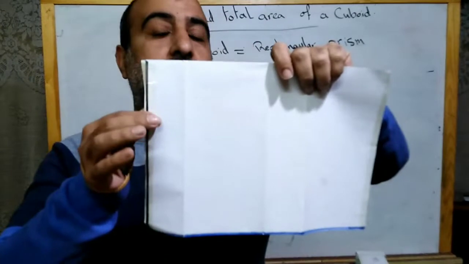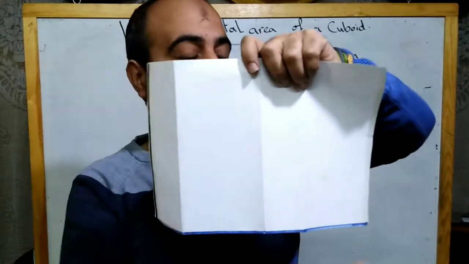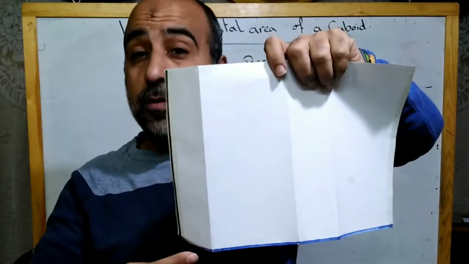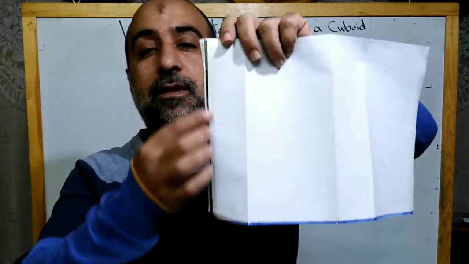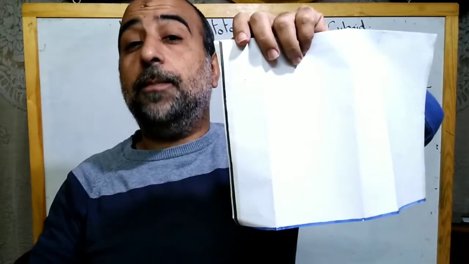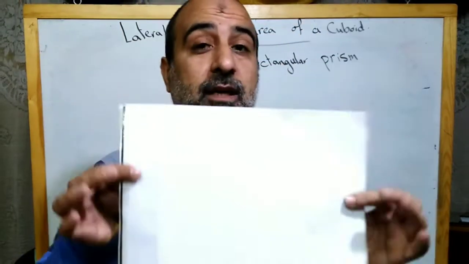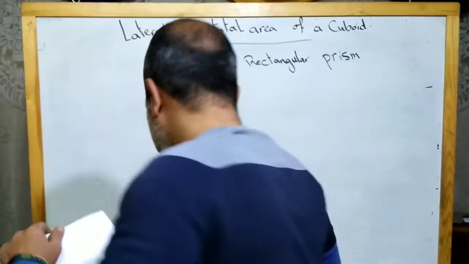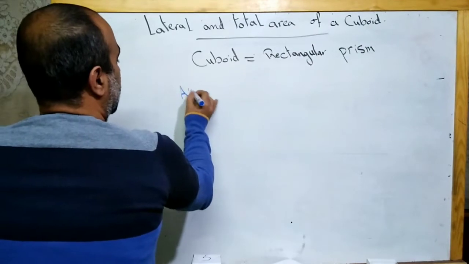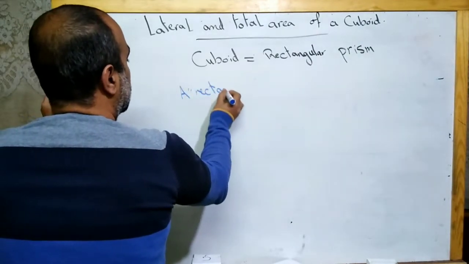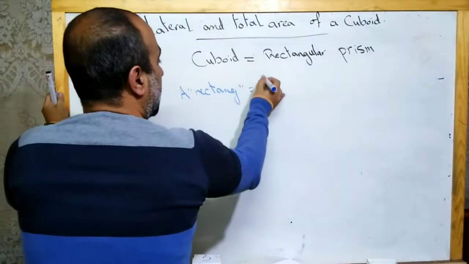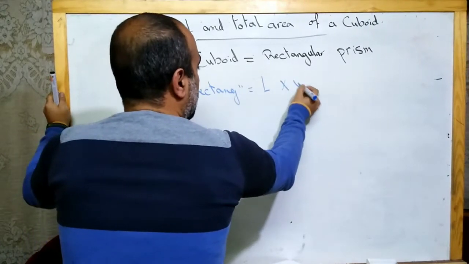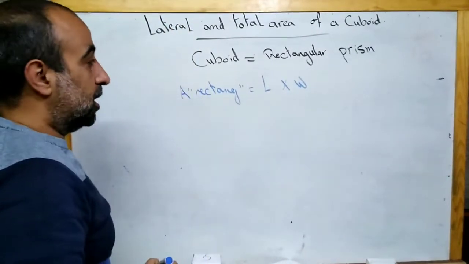Now this rectangle has a length, which is in the blue color, and a width, which is in the black color. Can I find the area of this rectangle? Of course I can find it. Area of the rectangle equals length times width. It's okay?